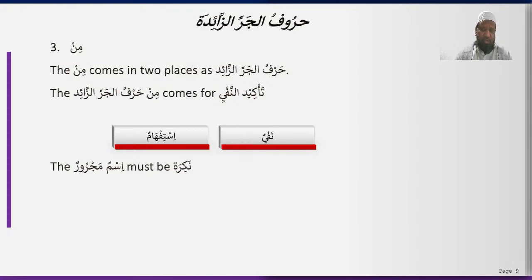So when we see a jumla that starts with the nafi or istifham, and then we see the harful jar min, then we look, the next ism is it nakira? If it's nakira, this min is az-zaid. If it's ma'rifa, then min is not zaid. The min will be a normal harful jar.